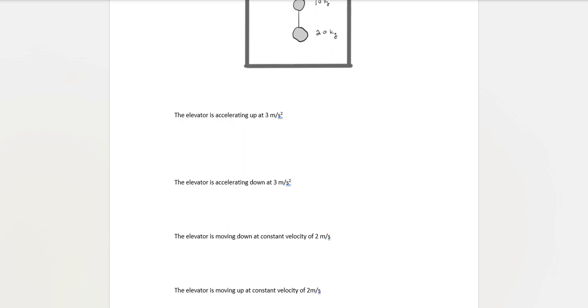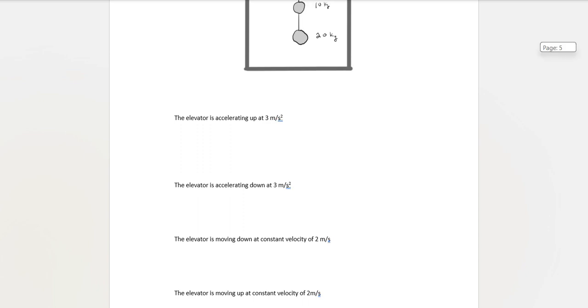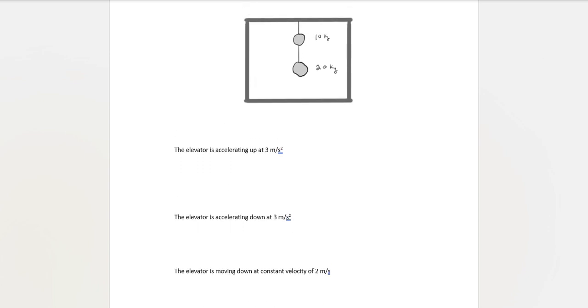Oh, I guess I haven't talked about how to find the second rope yet. To find the tension in the second rope, that's this one, you need to draw a free body that has that tension in it. There's two possible free bodies we could draw.